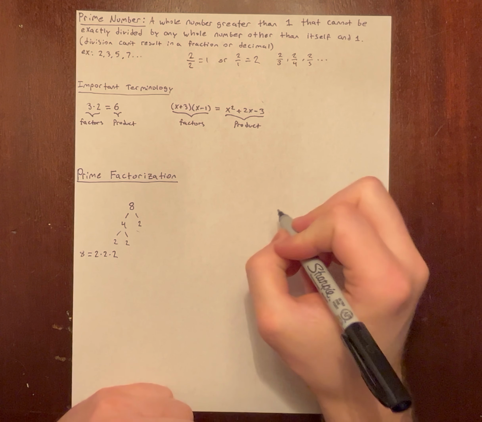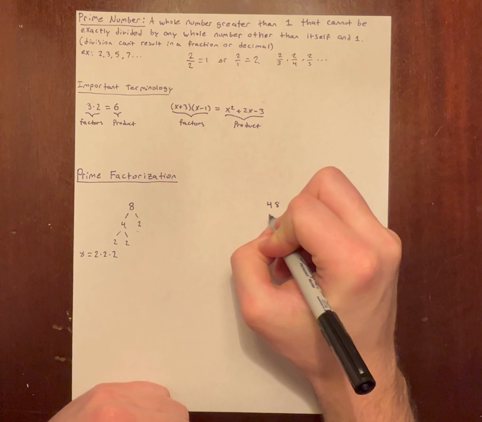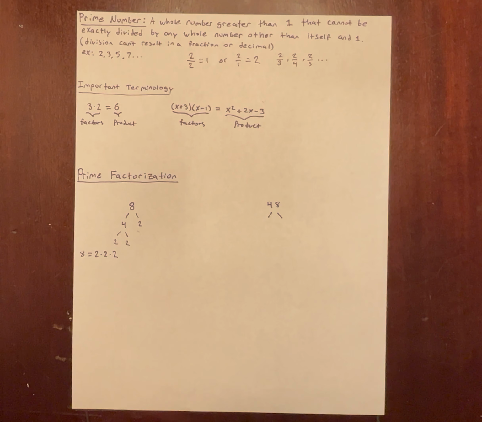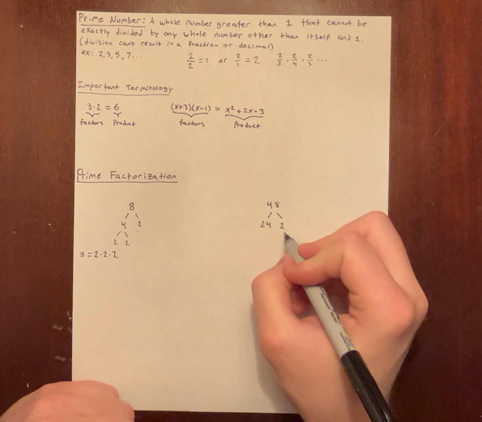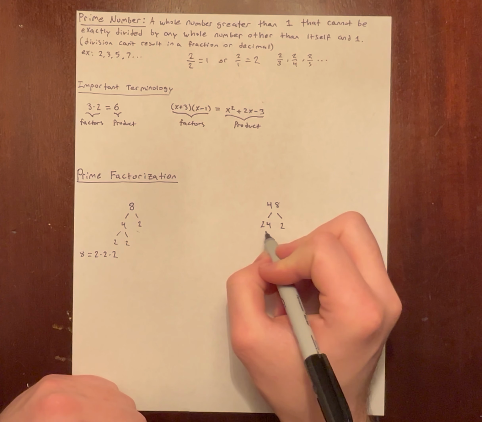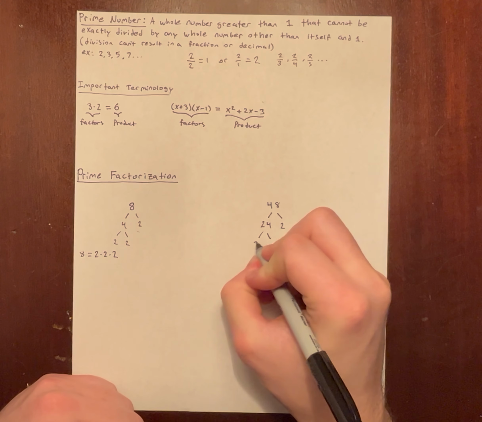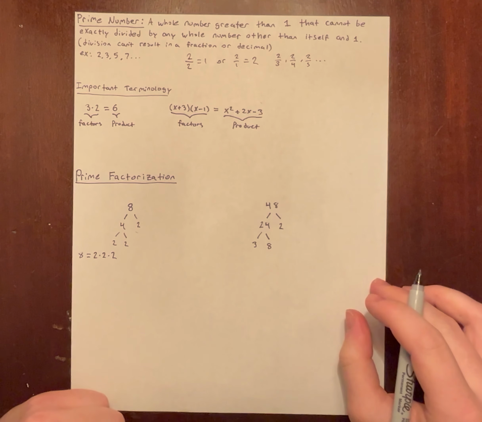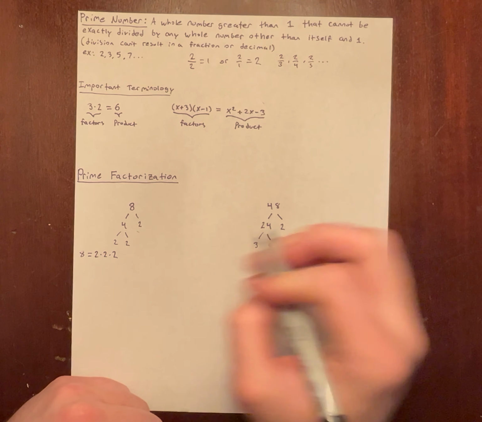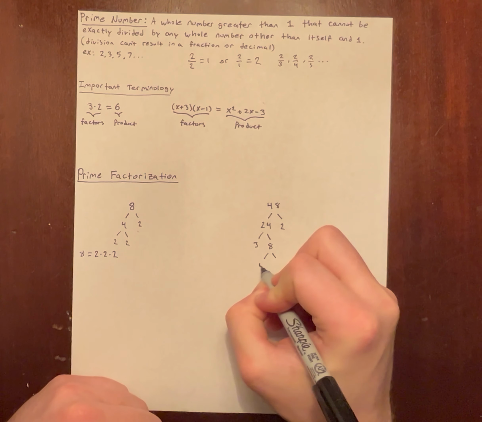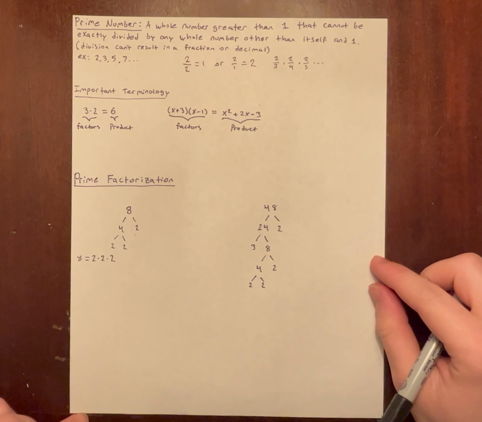And we can do another number. Let's do 48. Why not? So the first thing that comes to my mind is just splitting it in half. So 24 and 2. 2 is prime, so we stop this branch here. 24, however, is not prime. So we can keep this going. And let's say it is 3 and 8. Now, 3 is prime, so again, we stop this branch. 8, however, is not, and we just did 8, so we know that this splits into 4 and 2. 2 is prime, and then 4 splits into 2 and 2, and 2 is our prime.